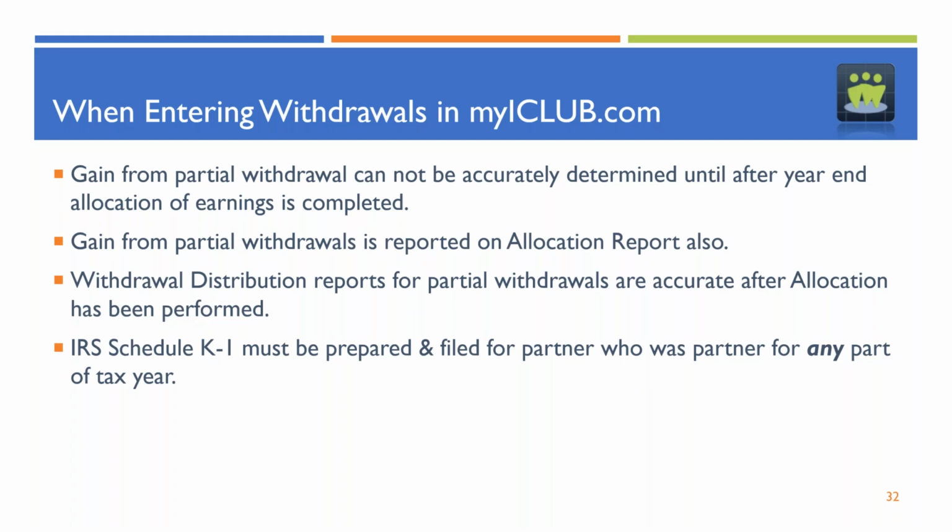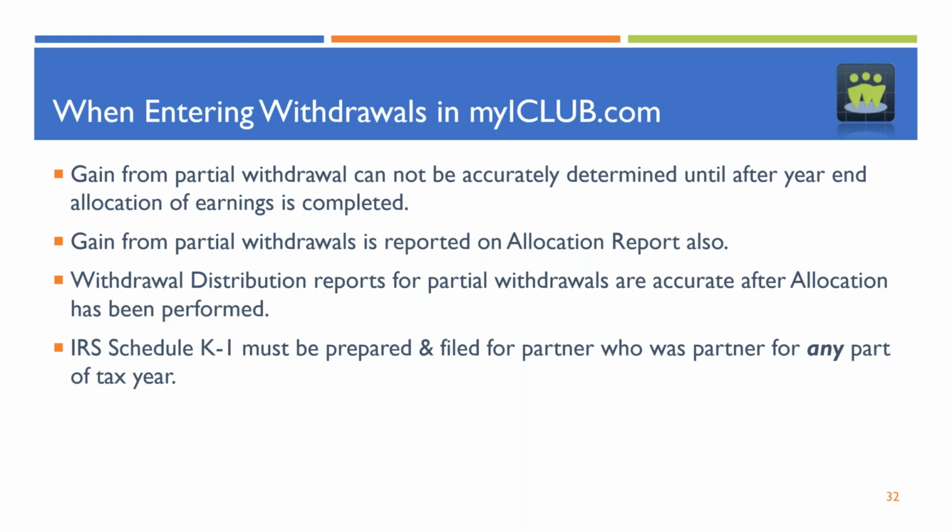Once it's completed, then the gain can be accurately calculated. It will appear then on a new withdrawal distribution report. It will have the gain information if the year-end allocation has been processed, and also the allocation report at the bottom reports gains from partial withdrawals.